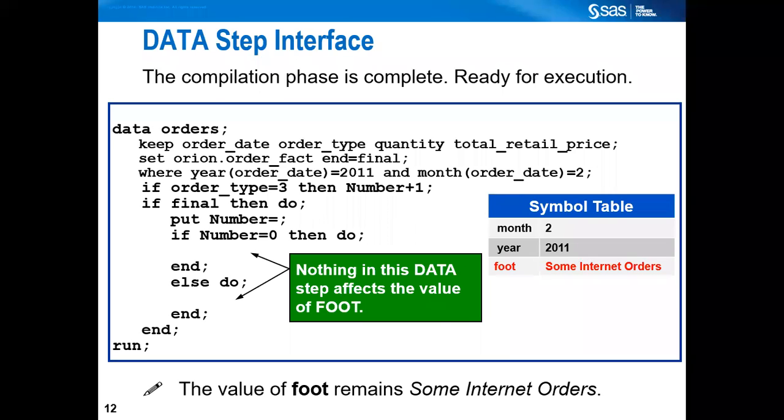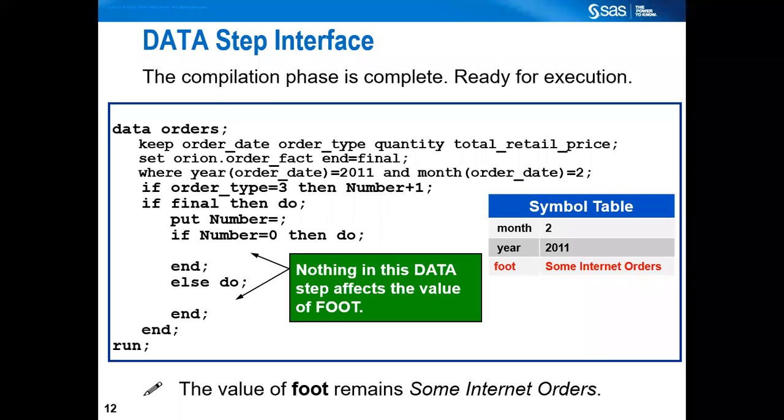So when it reads if number equals 0, it will give no internet orders and end it. It will not go to else do, because the number still stays 0 throughout every order in February, right?